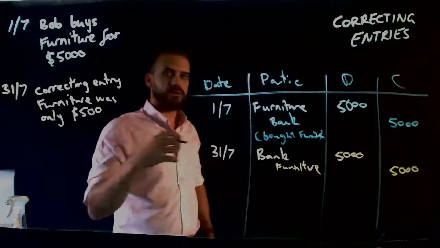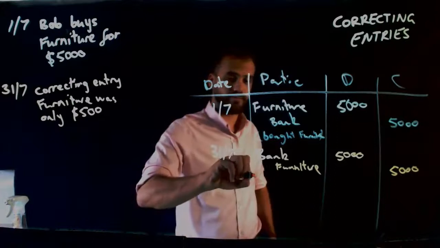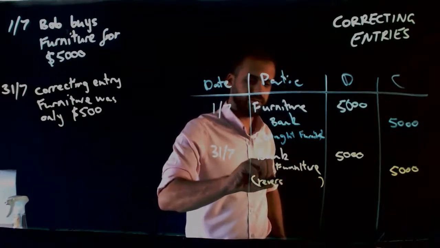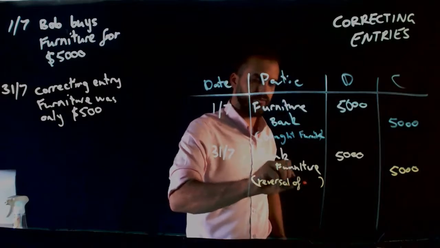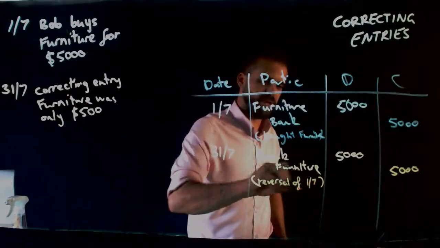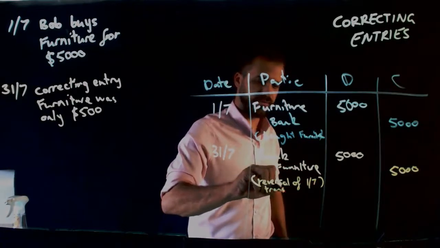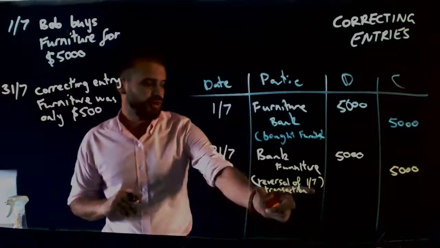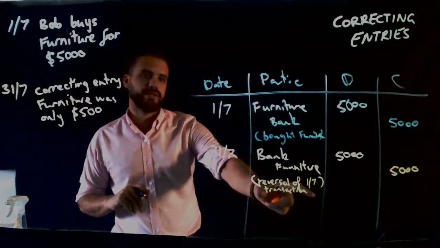Now, this is our correcting entry. And we'll call this reversal of 1st of the 7th transaction. Okay, reversal of the 1st of the 7th transaction.